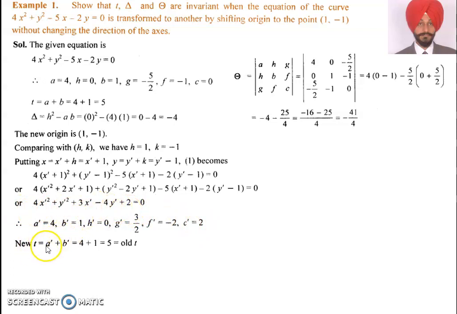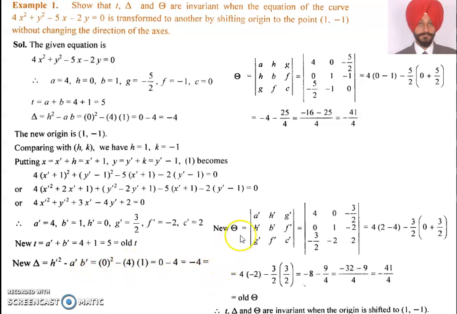So trace is equal to a dash plus b dash, that is equal to 4 plus 1, which is equal to 5, which is the trace of the old one. And then delta is equal to h dash square minus a dash b dash, which is 0 minus 4 into 1, that is minus 4, which is the old delta, and theta is equal to the determinant a dash, b dash, c dash, f dash, g dash, h dash.